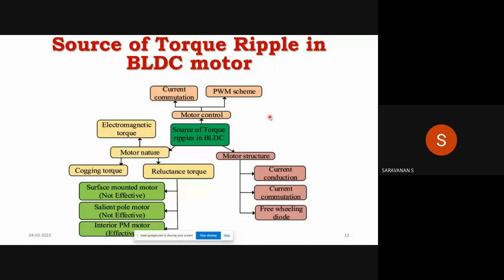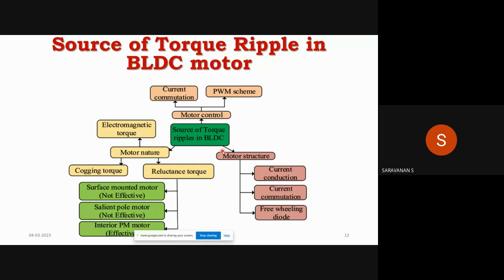We will discuss how the torque ripple can be minimized in every machine. For the BLDC motor, the source of torque ripple is based on the motor control method we are using: the current commutation and PWM schemes. This may be a reason for torque ripple, along with the motor structure. In the structure itself, torque ripple may be produced.